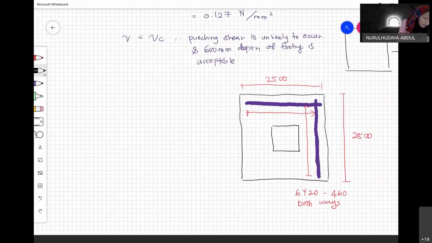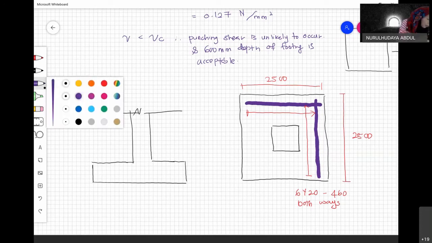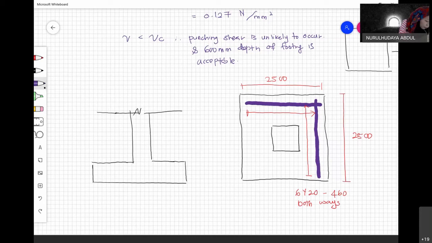And then kita pun boleh lukis juga for pandang cross section. So this is cross section view. For cross section view, we know that we have something like this.